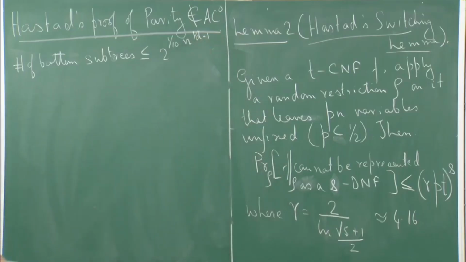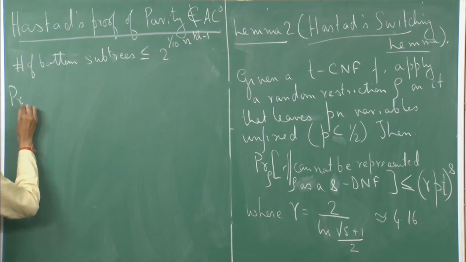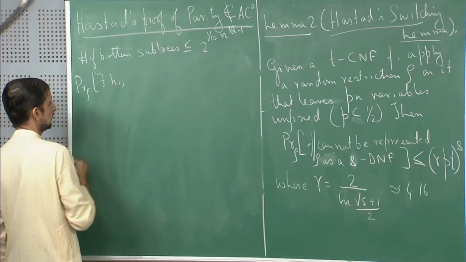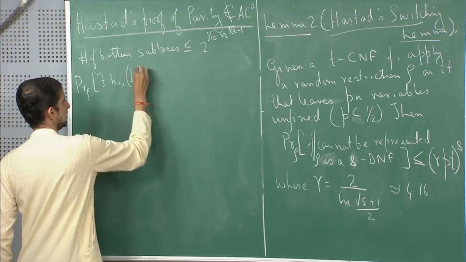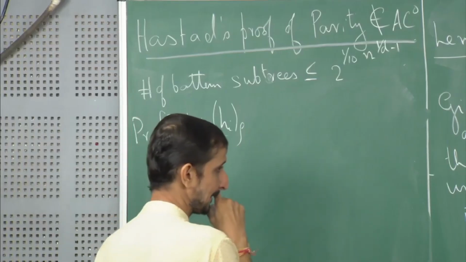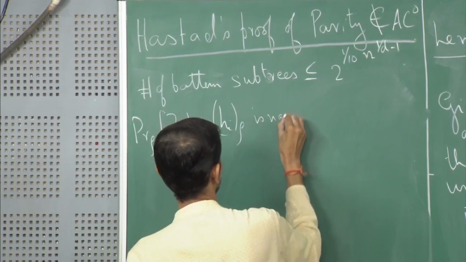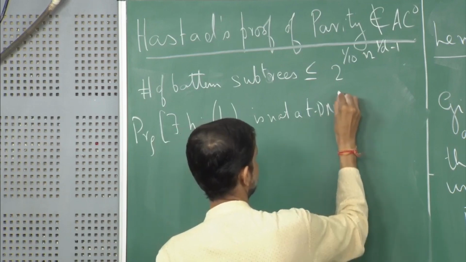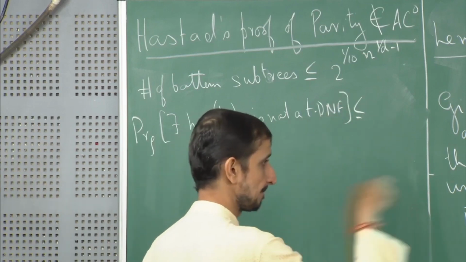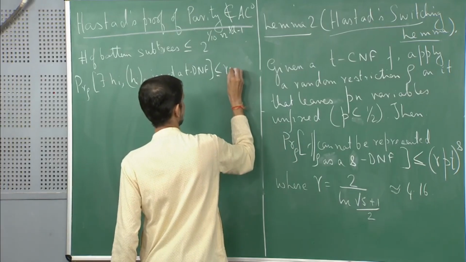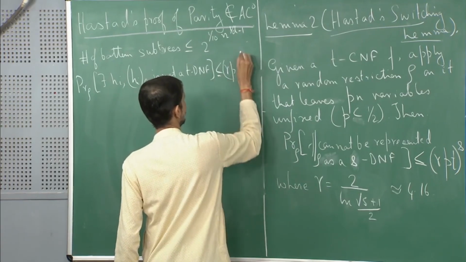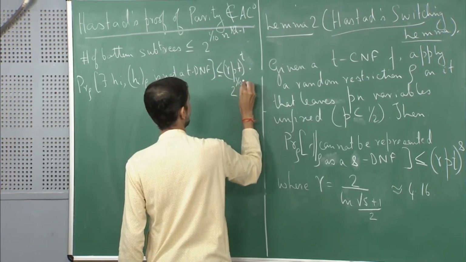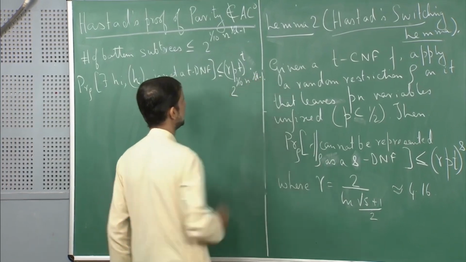Okay. So, now if I take a union bound, what I get is that the probability that there exists an H_i such that H_i restricted to rho is not a t-DNF is at most the product of these two quantities, gamma times pt whole to the power t, times 2 to the power 1/10 n to the power 1 over d minus 1.